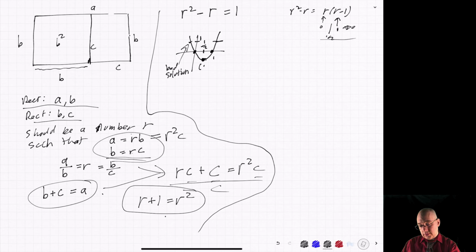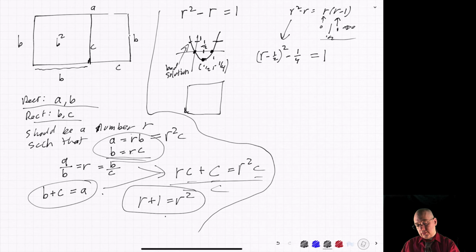So this is 1/2 and minus 1/4. Excellent. So R squared minus R is equal to R minus 1/2 squared minus 1/4. And we're trying to set that equal to 1. So that's what we've got to solve.